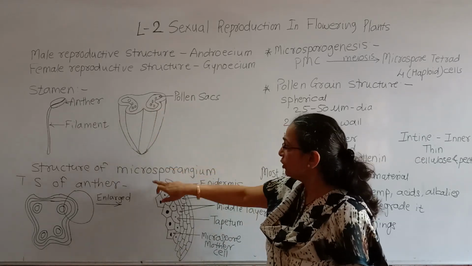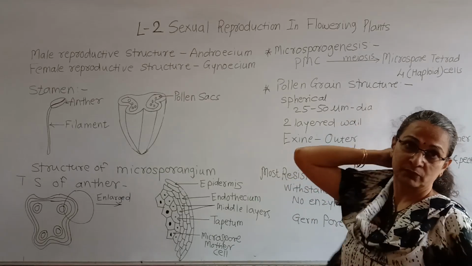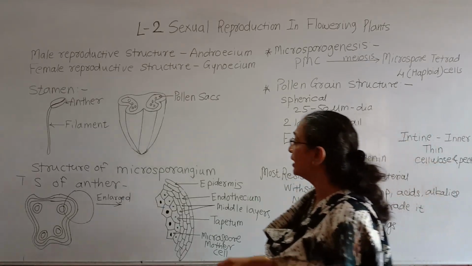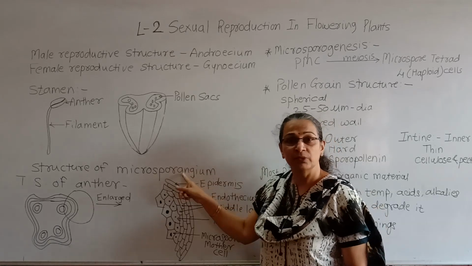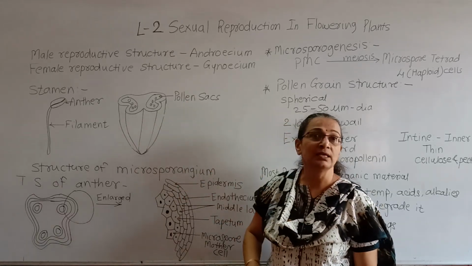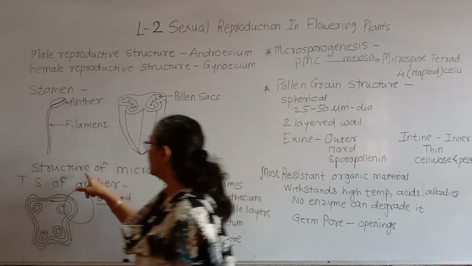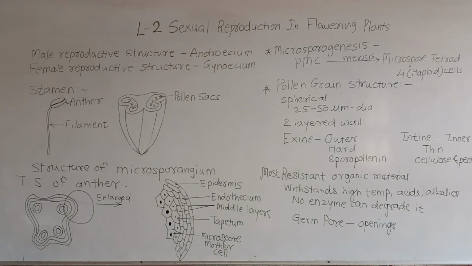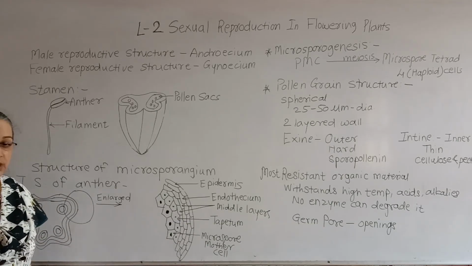Now, the structure of a microsporangium. Inside the anther, there are microsporangia in which the pollen grains are produced. In the TS of a young anther, if we take, we can see that there are different layers. 4 wall layers can be seen, and inside this circular part which you see, these are the 4 microsporangia.